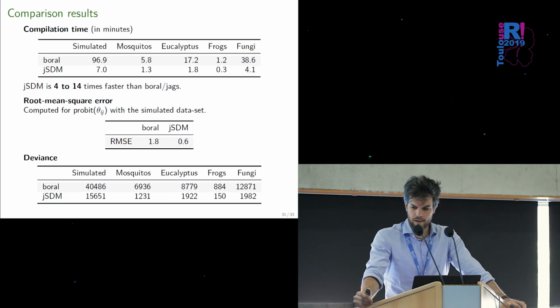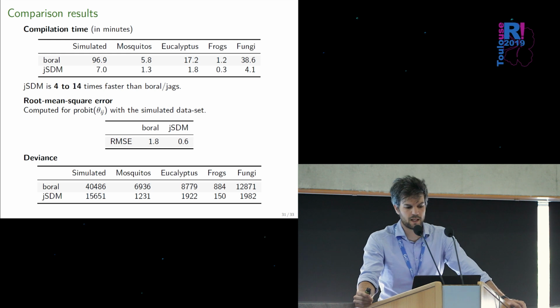And we compare the results between the two implementations of the Gibbs sampler. We can see that on average, JSDM using Rcpp packages is 4 to 14 times faster than Boral, which is using JAGS. Then we can also compare the root mean square error for the probit theta in the simulated dataset.